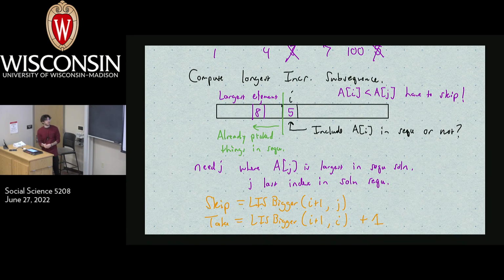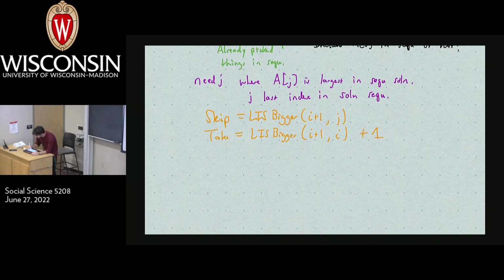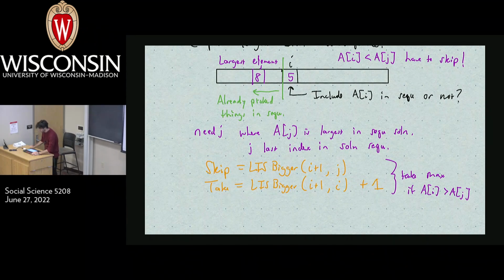But otherwise, assuming that AI is bigger than AJ, then we're going to take the max of both. In other words, we're going to try them both. We just try both possibilities. We don't try to be strategic about which one would make more sense. We just do it, and the recursion fairy will tell us which one is the biggest. Okay? So that's the recursive strategy.